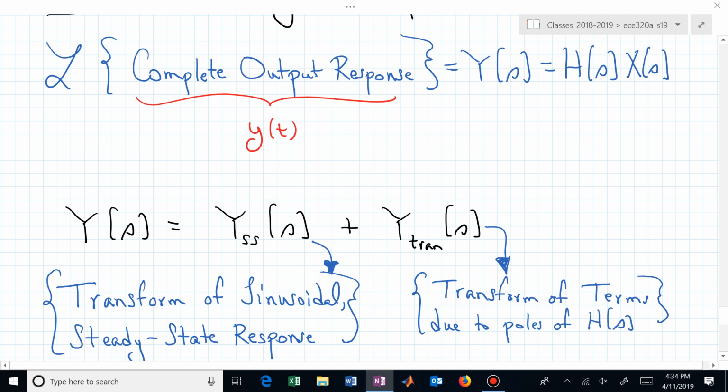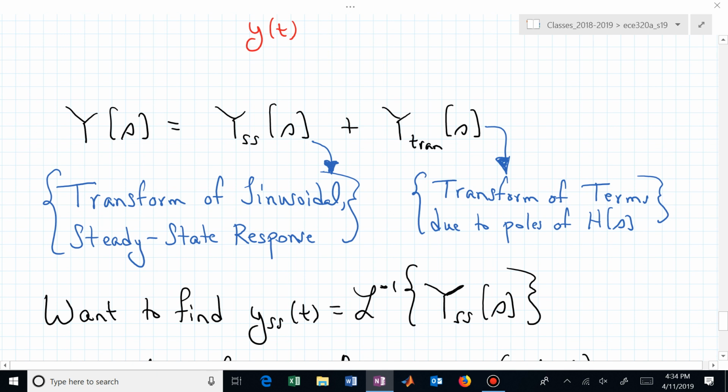So whatever we have in H of s, that's going to give us all of these exponential decays or exponentially damped cosines and sines, whatever H of s has for its poles. We're going to throw those away and just focus on this to try to find that formula that we were looking for.